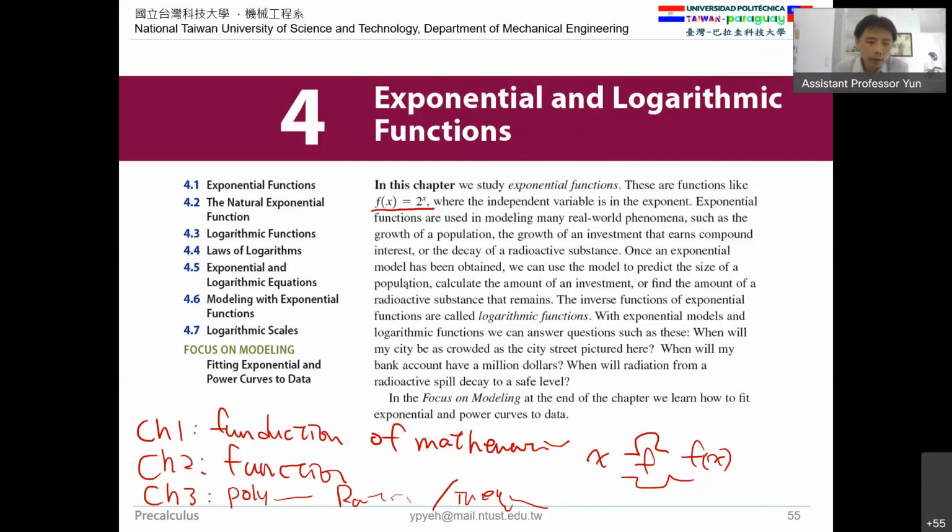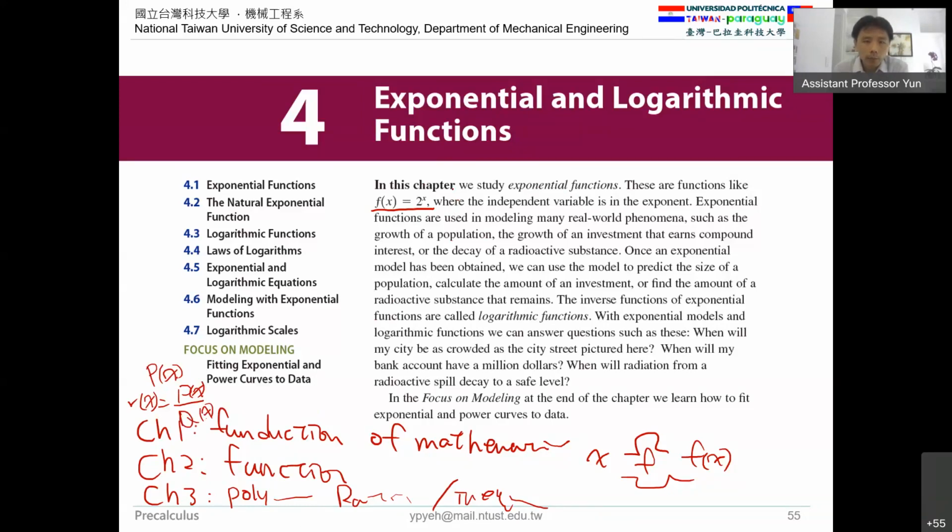Or we can see that in the polynomial function they have the form a_n x^n, or we can see this as p of x, right, in polynomial functions. But the rational function is r of x equal to p of x divided by q of x, for example. Okay.